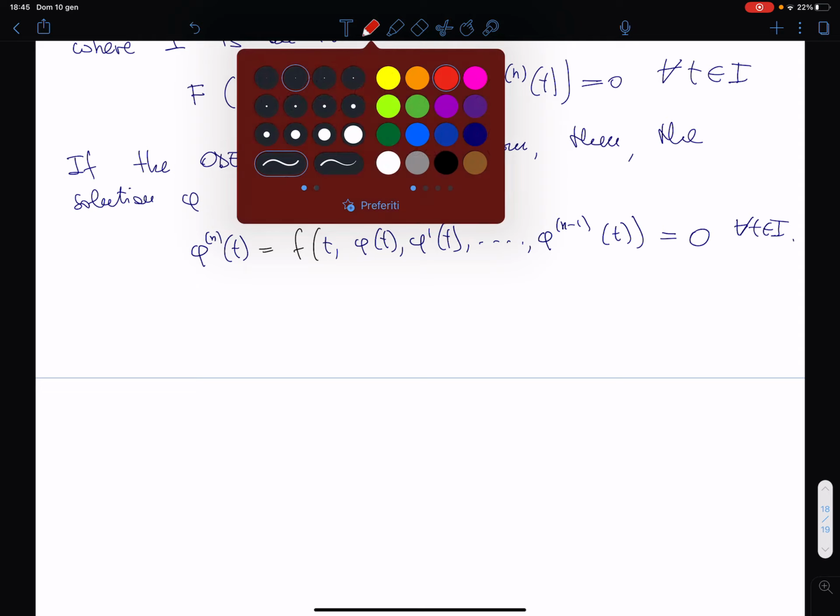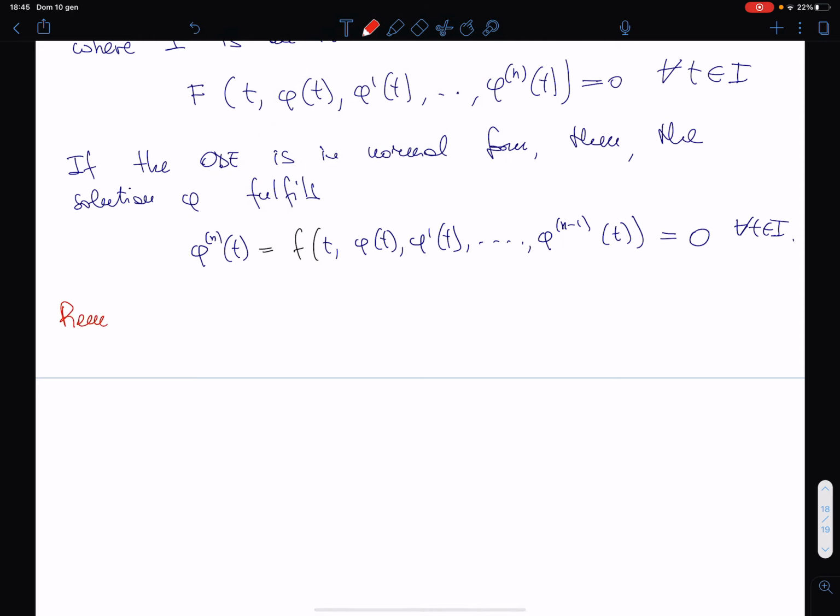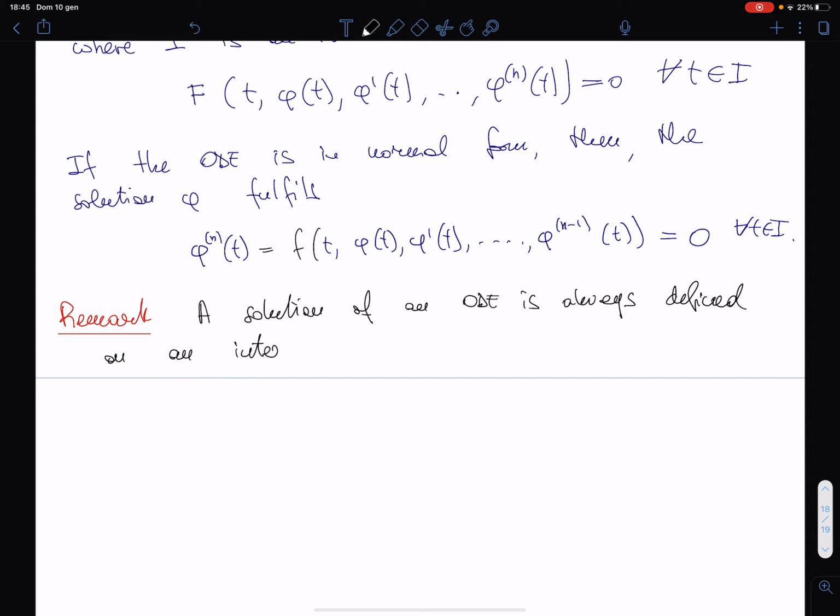The only remark is the following. Notice that a solution of an ODE is by definition defined on an interval I. So in particular, you remember the Verhulst equation where we found the asymptote.